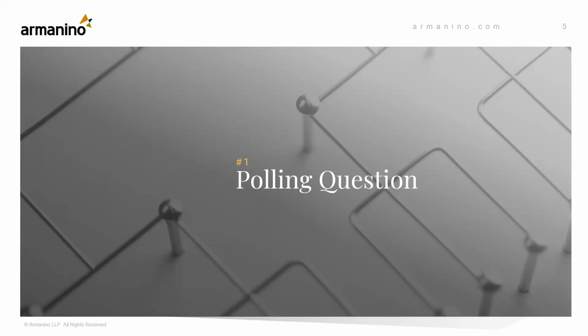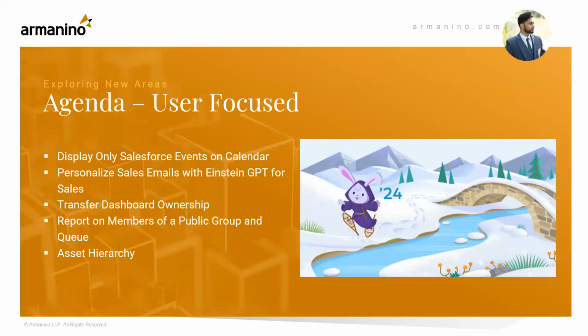All right, let's move forward to our next slide. All right, so we have two different focuses here. The first one that we'll talk about is the agenda for the user-focused updates that we have in Winter 24. So the first one we'll be talking about is displaying only Salesforce events on calendars.